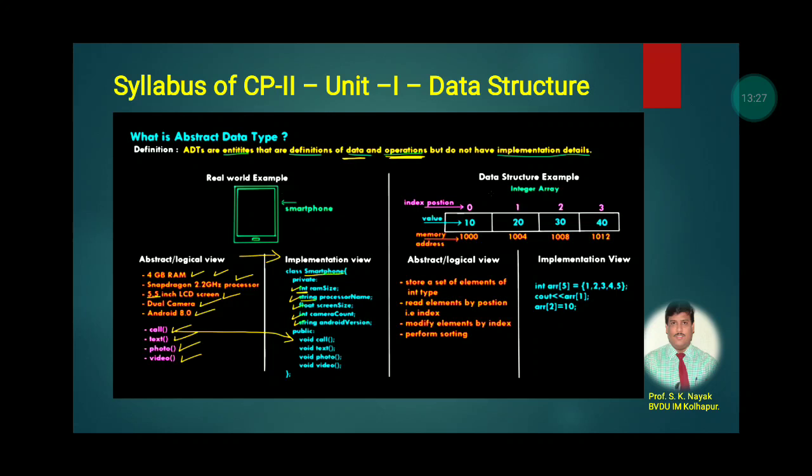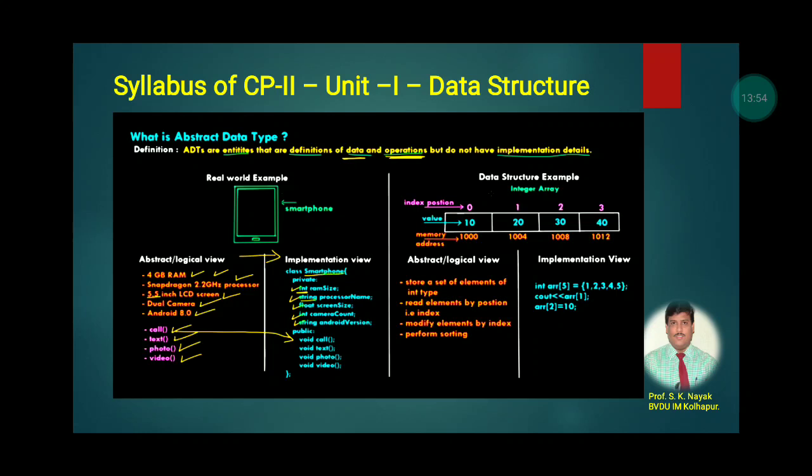Then read the elements, that means we can access an index position, and modify the elements by index. These are all logical things we have to perform. Now when we are defining this, it is not executable. So to execute it, you have to convert it into programming code through programming languages.